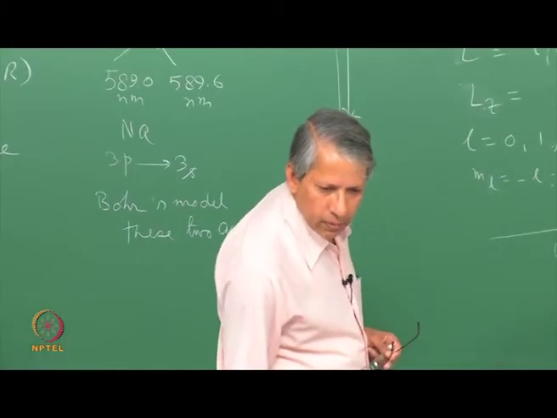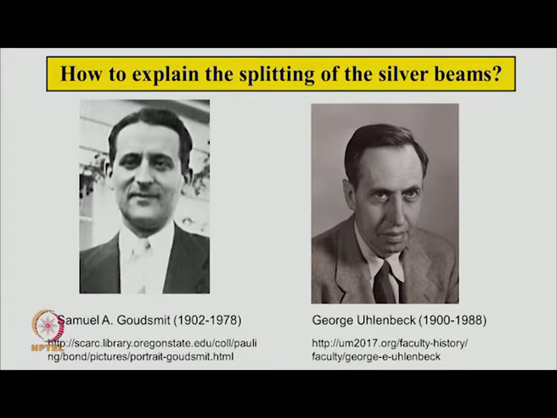Then these 2 persons said that they have a way to explain this splitting of silver atoms. They were 2 young graduate students, and they came up with a very novel proposal.